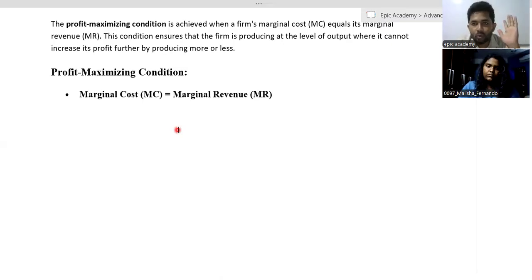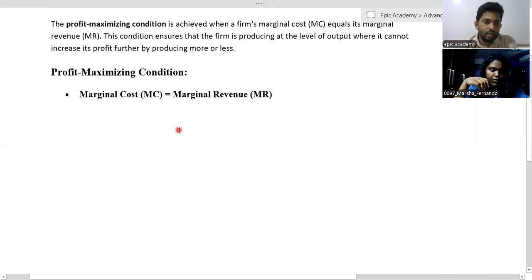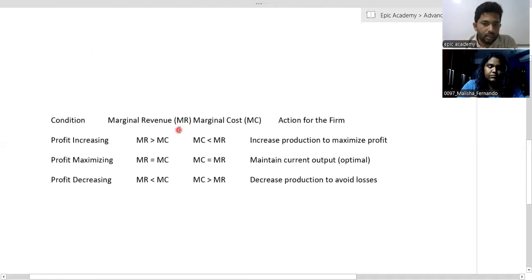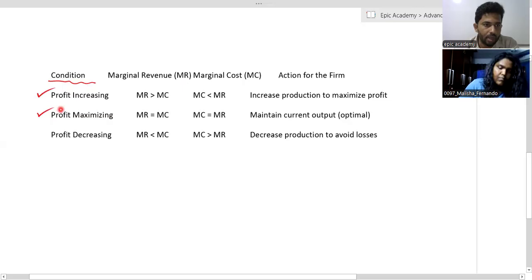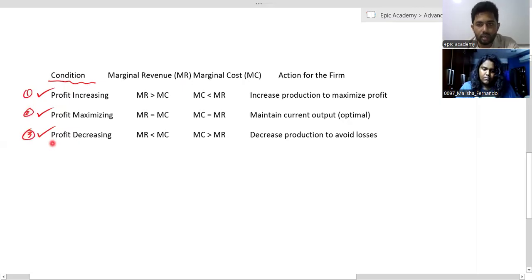That is what we already discussed. So we can identify three conditions here: the profit increasing condition, the profit maximizing condition, and the profit decreasing condition.